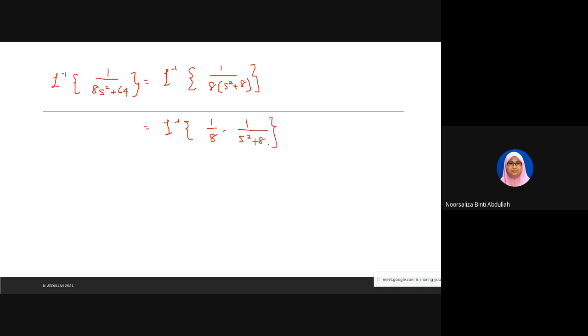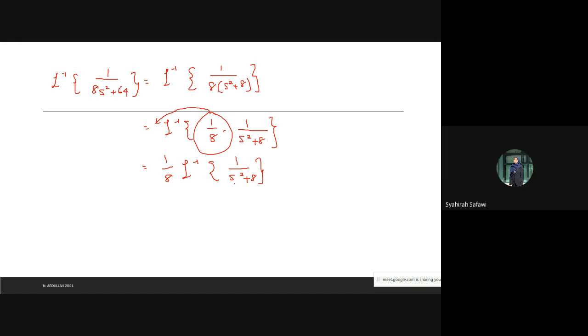Right? So this part, you keluarkan. Then you have here is 1 over 8 inverse 1 over S square plus 8. Okay kan?